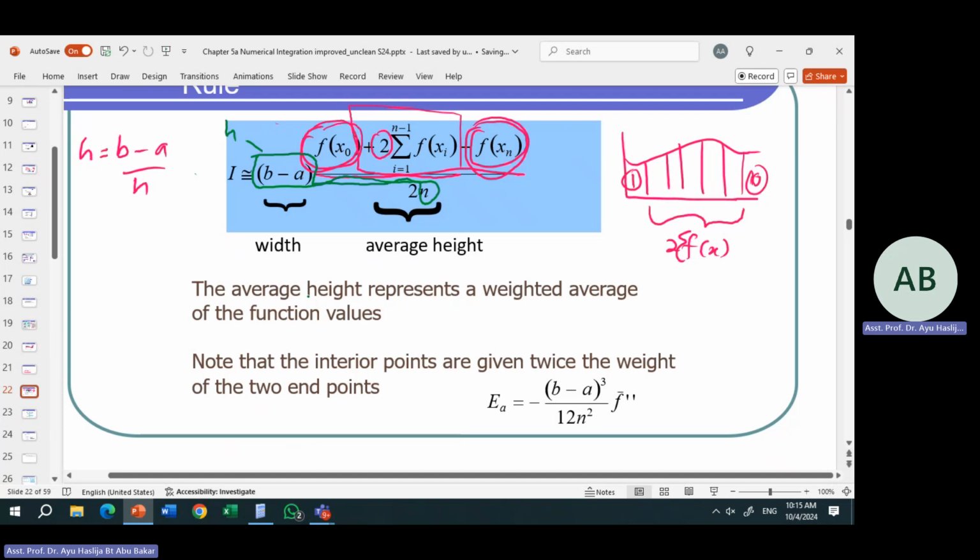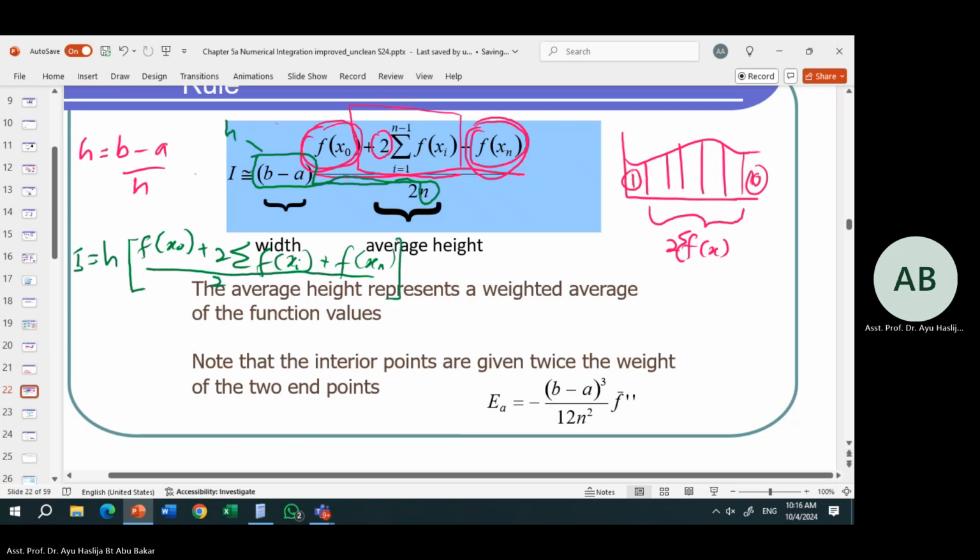You can also simplify it as h multiplied by the function, over 2.